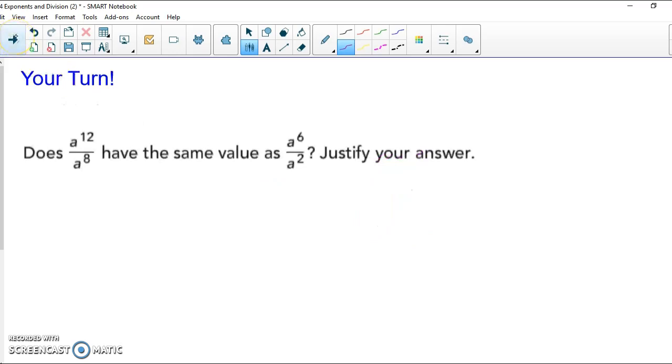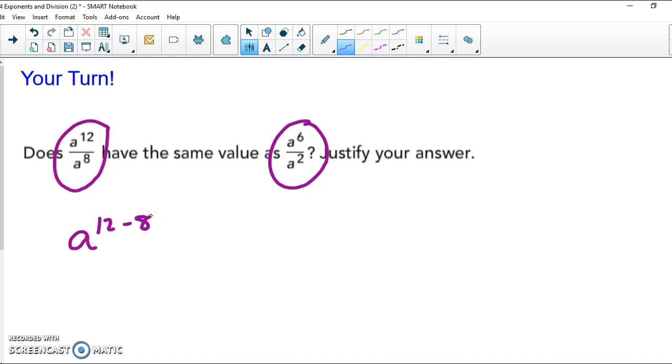Nice job. All right, does a to the 12th divided by a to the 8th have the same value as a to the 6th over a squared? Well, let's simplify both of these and see if they both simplify the same way. So I keep my base the same, and I subtract my powers in order from top to bottom. a to the 12th minus 8 would be a to the 4th.